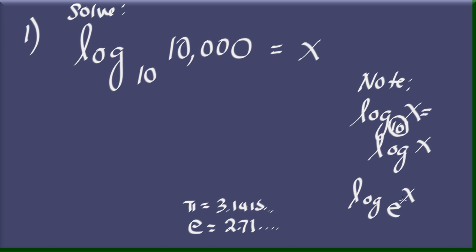Now the logarithm of x to base e is equivalent to ln of x, or natural log of x. So the logarithm to base e, the shorthand notation for that is ln or natural log. We need to remember those notations right here. Okay, so let me just clear that.